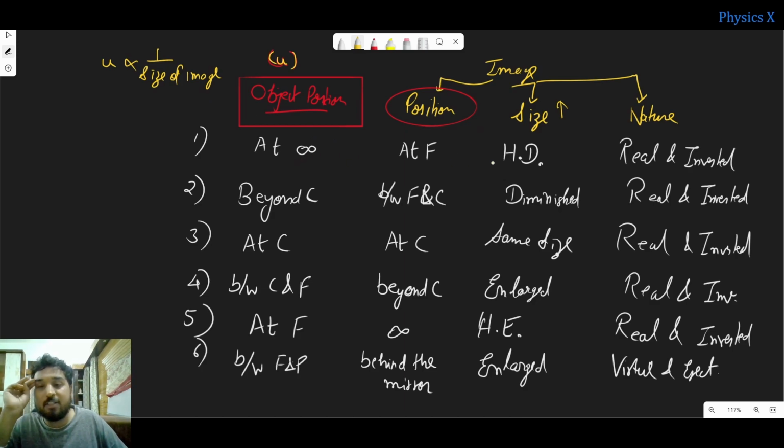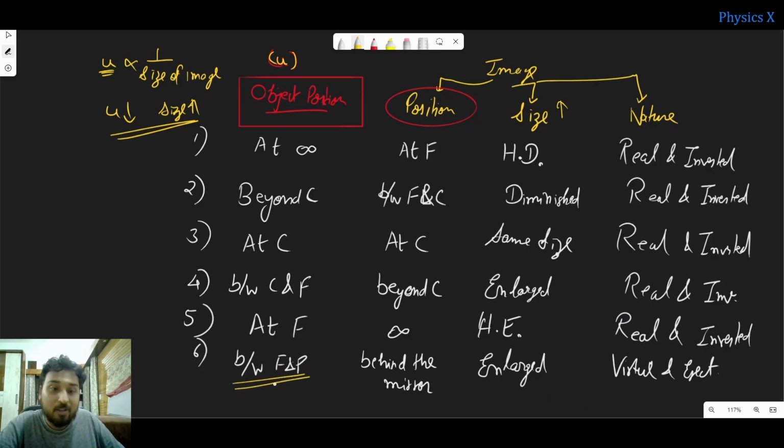When it was at infinity the image size was diminished. When it was brought closer it got a bit enlarged, still in the category of diminished. At C it was the same size, and as you move further closer the image keeps on increasing. So as U is decreased, the size of the image is increased in the case of a concave mirror. And what about the nature? For all the cases the image nature is real and inverted except for the case when the object is between F and P.